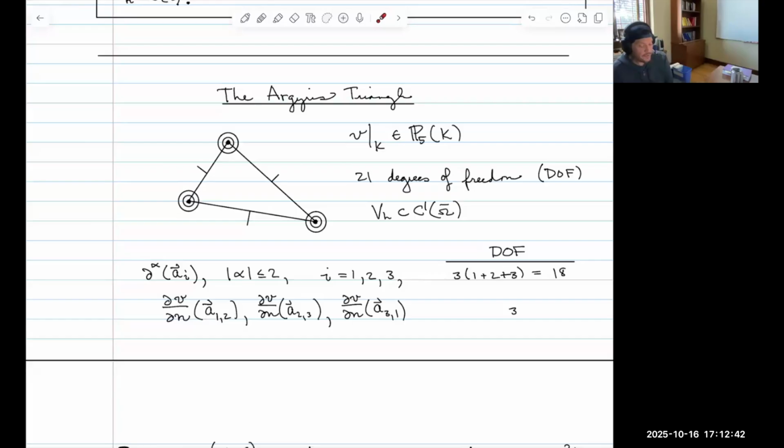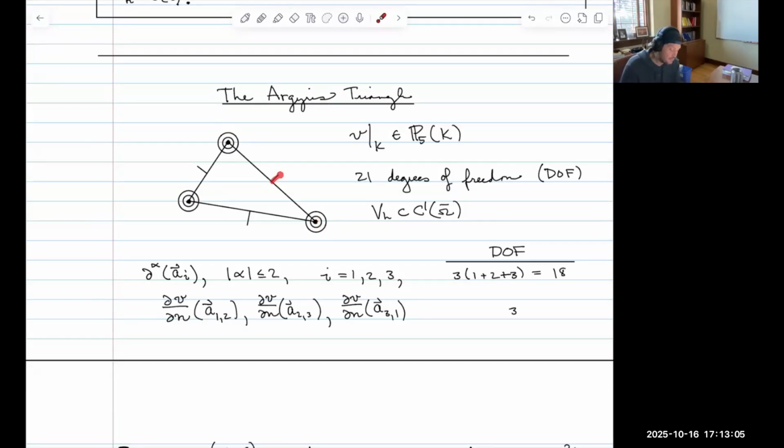And to build such spaces, we're going to have to make the functions agree at vertices, and not just the functions, but the function, its first derivatives and second derivatives agree at all the vertices.